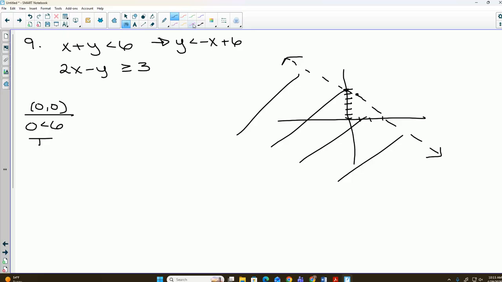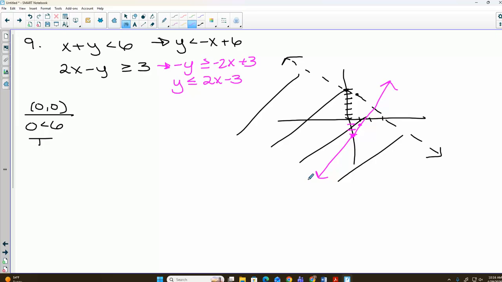Second one, if I'm solving for y, I subtract my 2x. When I divide by a negative, what happens? So this one has a y-intercept of -3. Slope is 2, so up 2 over 1. It would be a solid line because we had an equal to.